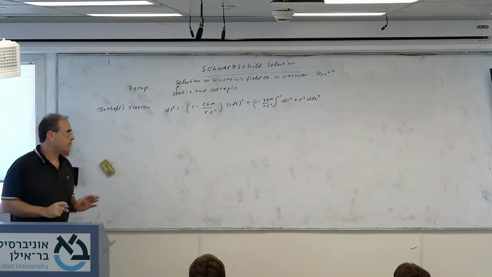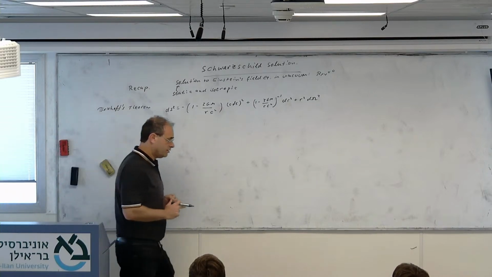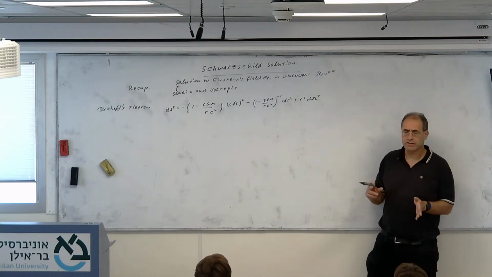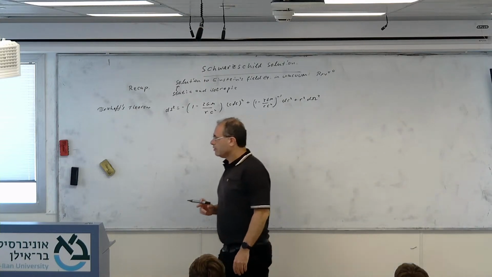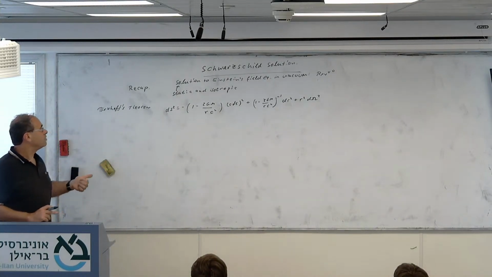So I told you that there are not very many solutions known to Einstein's equation, because it's non-linear. The fact that we know two solutions does not mean that any linear combination of them is a solution. And I told you that for Einstein's equation in vacuum, there are three solutions known.